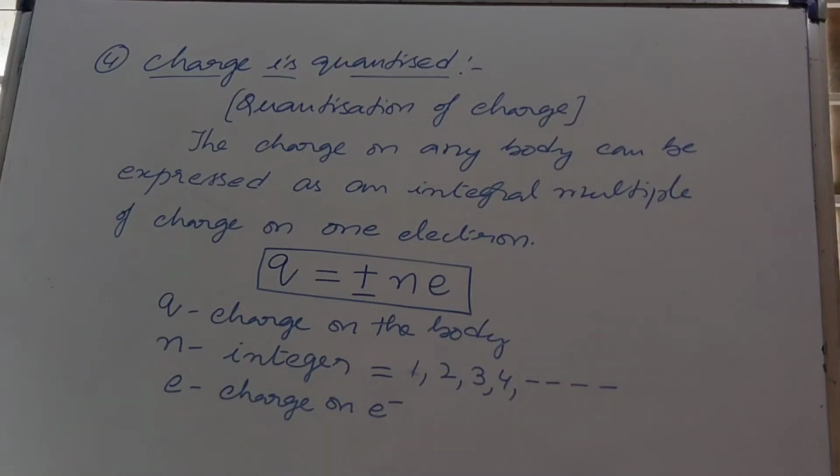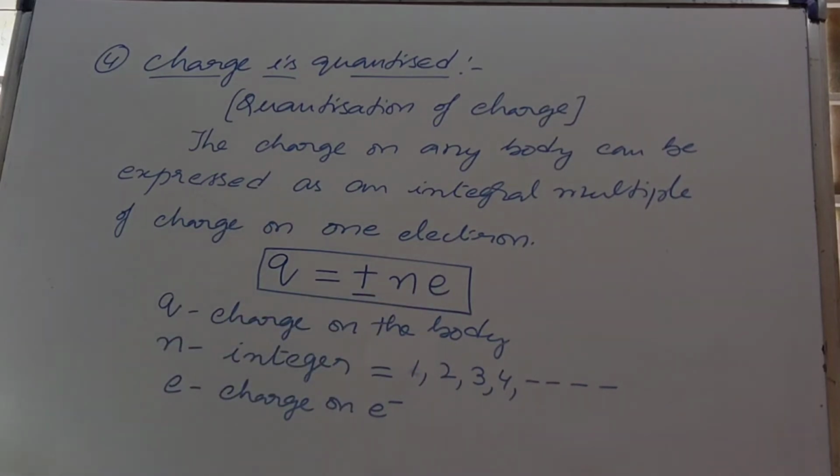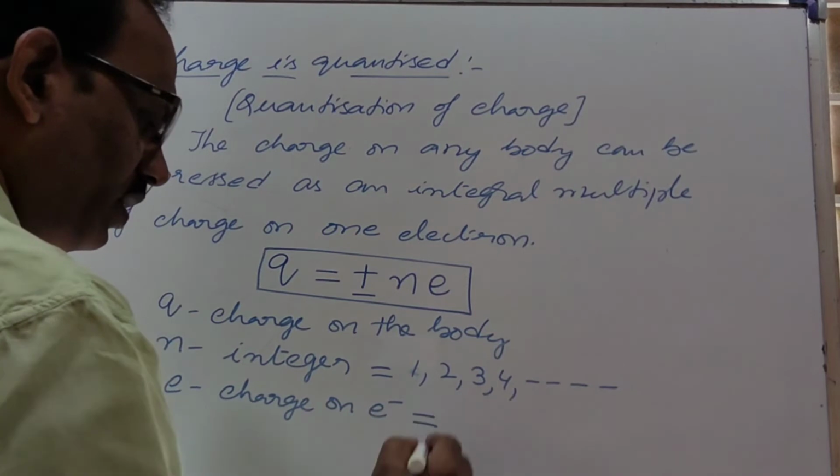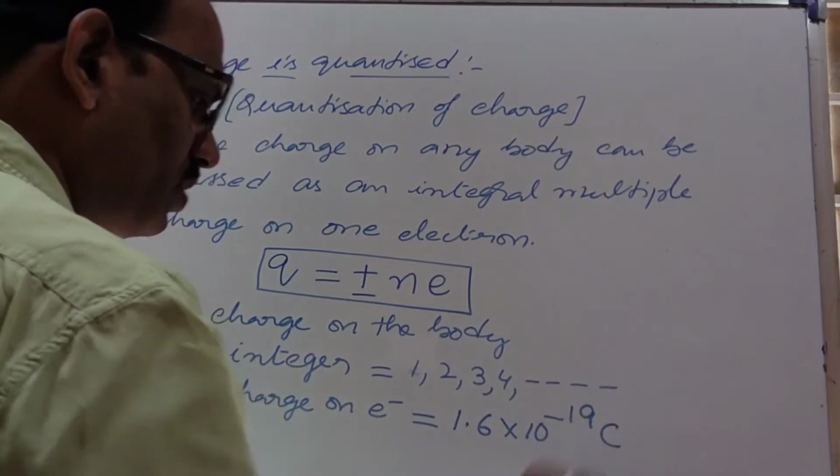And why we express the charge on a body as the multiple of charge on an electron? Because the least amount of charge which is present on any particle is the charge on electron. Okay, so that is why we can express the charge on a body as the integral multiple of charge on one electron, and the least value of that charge is given by 1.6 into 10 power minus 19 coulombs.